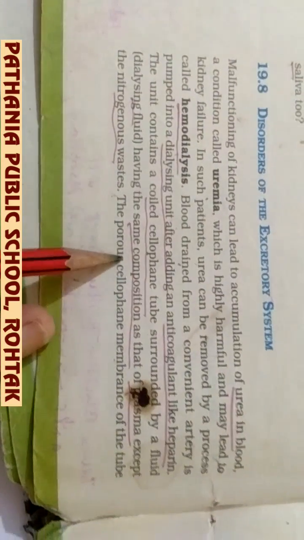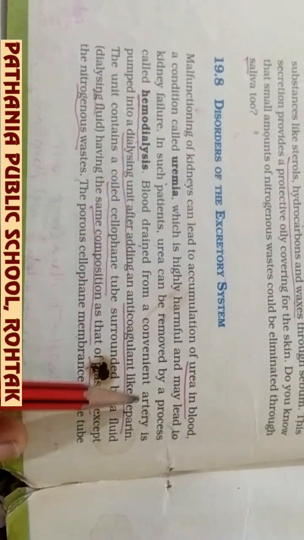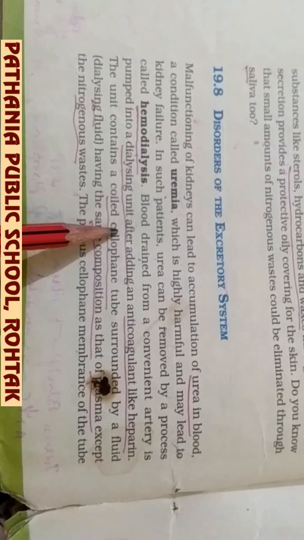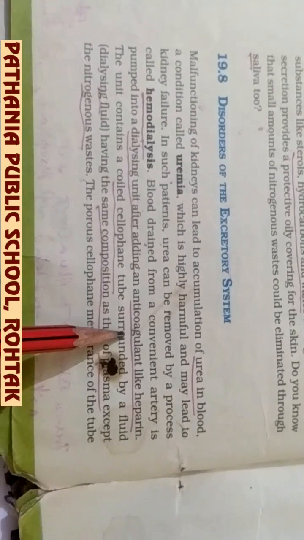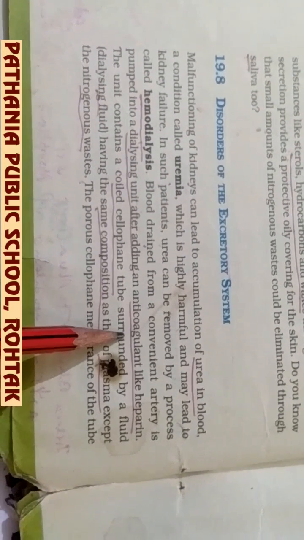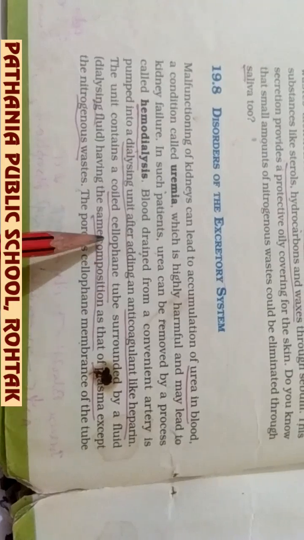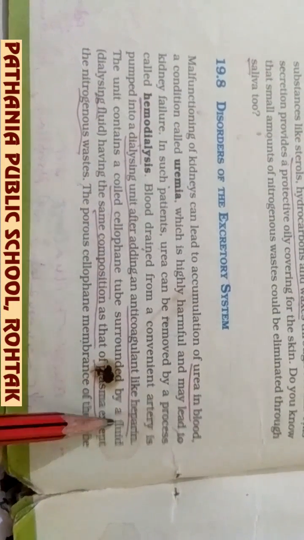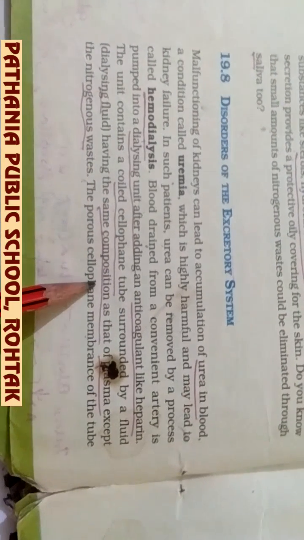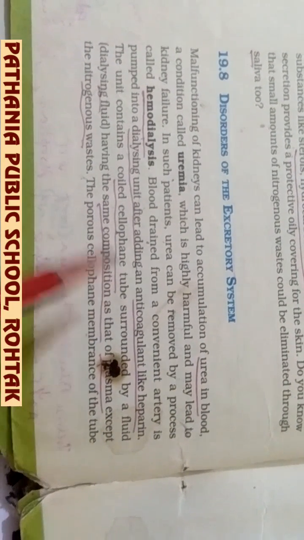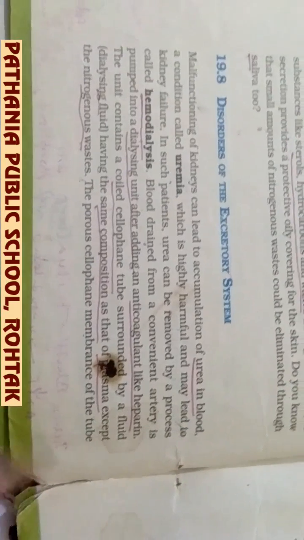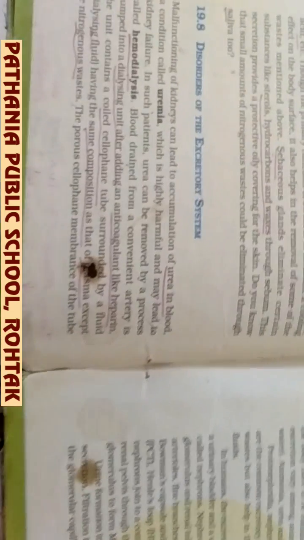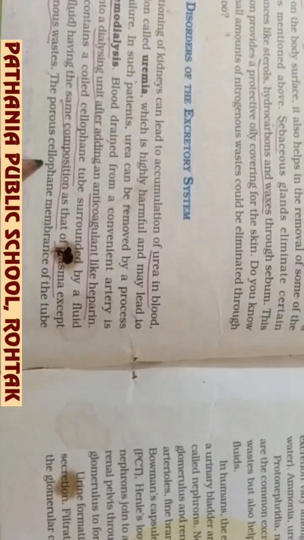The blood is drained from a convenient artery, then pumped into the dialyzing unit, and an anticoagulant is also added to that blood, so that it should not get coagulated in the cellophane tube. And these tubes are surrounded by dialyzing fluid, which has the same composition as plasma except the nitrogenous waste, because nitrogenous waste should be nil in the dialyzing fluid, then only will they move out from the blood from their higher concentration to lower.